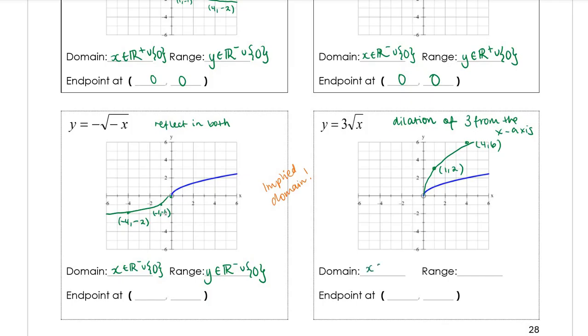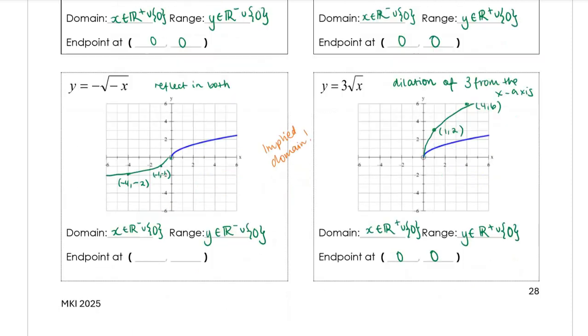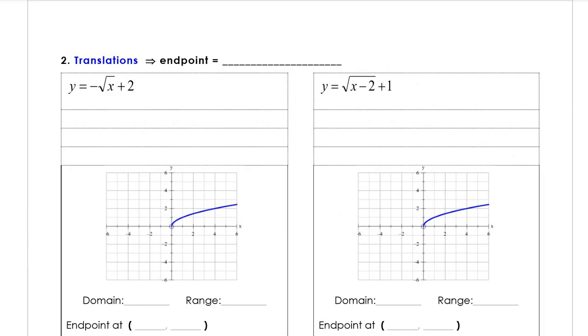Now, our domain and range, once again, with a dilation, remain untouched from the original. It just means that this graph is going to be climbing a bit faster, with our endpoint still being at (0, 0).